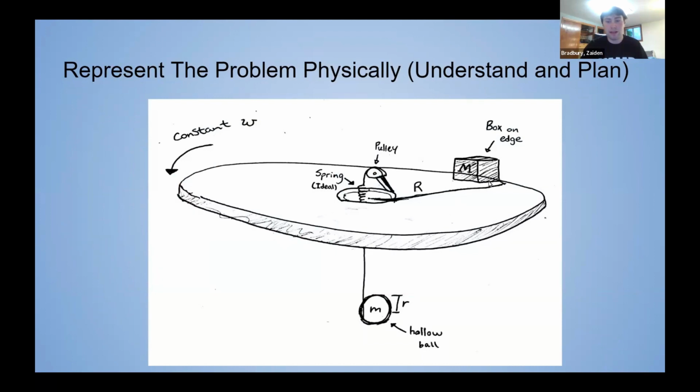We have our box on the edge. We have an identification of this radius going to the center of the turntable from the edge of the turntable. We know our pulley is located in the center, but this pulley is massless, as we said before, so it's not going to affect the spin of this because it's moving constantly. And we have our ideal spring, and then we have our string and our hollow ball as well.